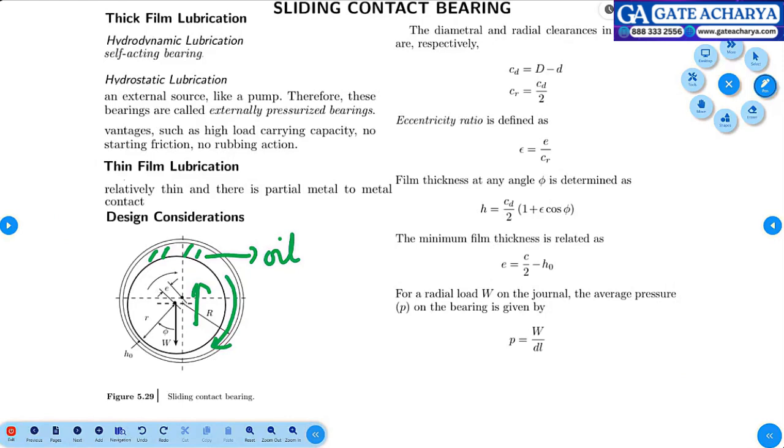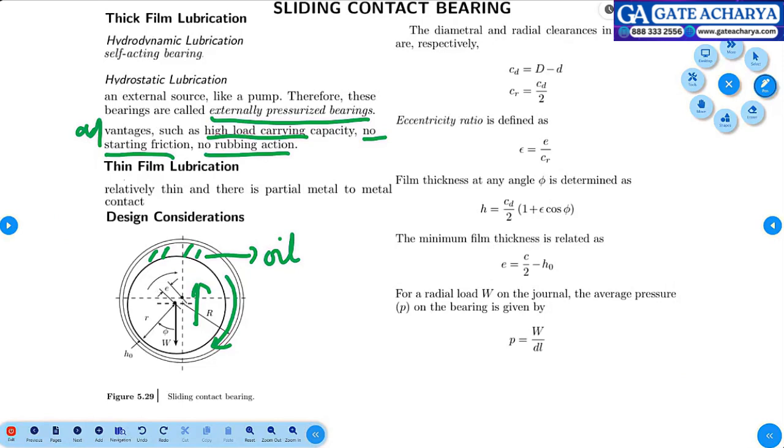If there is no lubrication effect like this, for creating pressure, if we use one external pump, it is called a hydrostatic lubrication bearing. It is called externally pressurized. Okay, and what is the advantage? Since we are using a pump, high load can be carried, and there is no starting friction, no rubbing action, because the moment we switch on the pump, since it's being operated by a motor, the pressure rise will be so high that all of a sudden the journal will lift up.